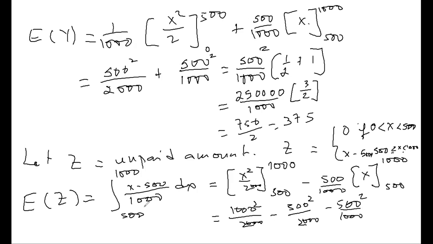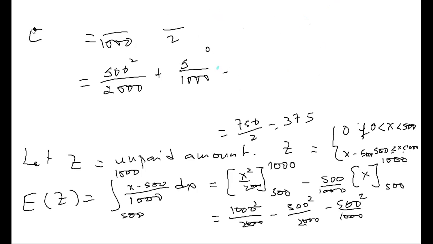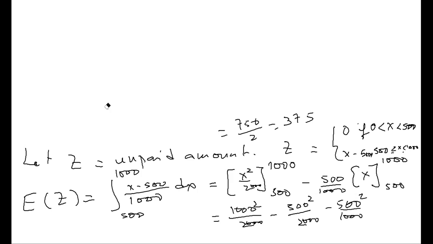So we can say that E of Z is equal to, this is 2 times 500 squared.